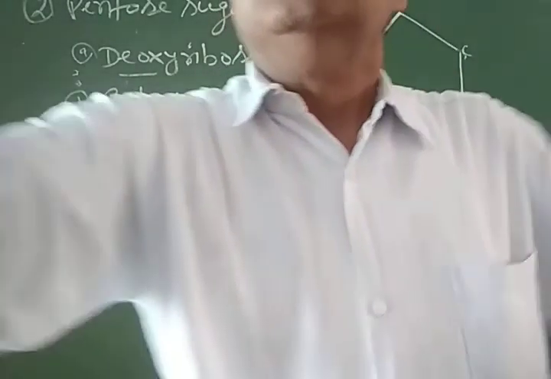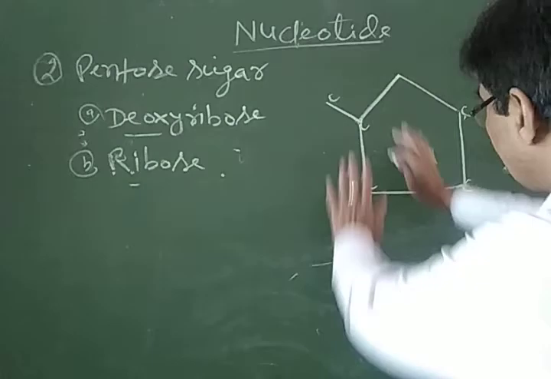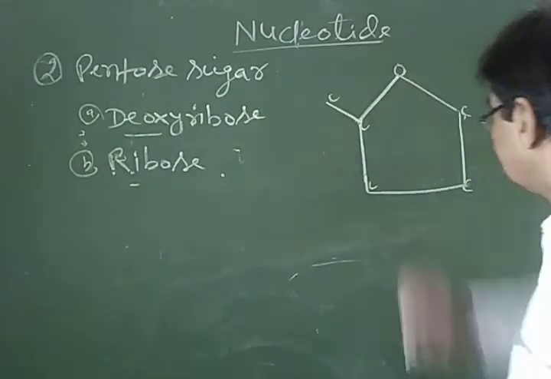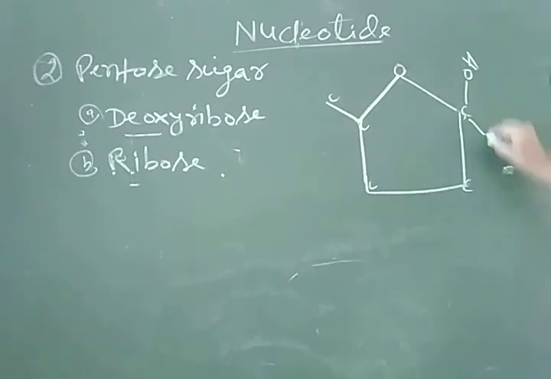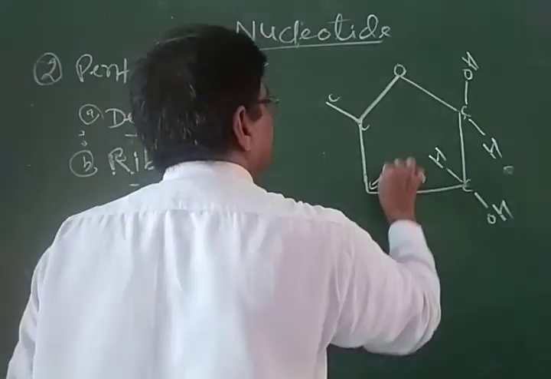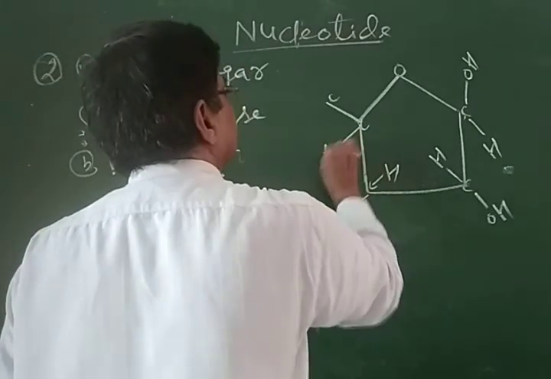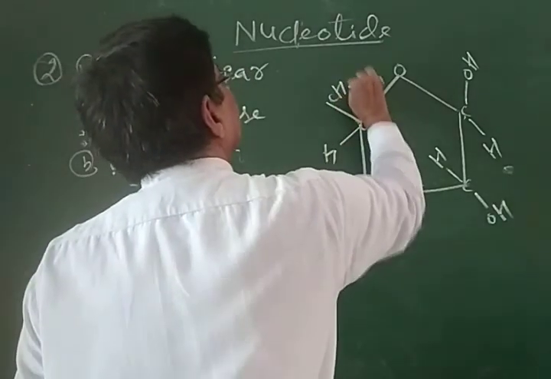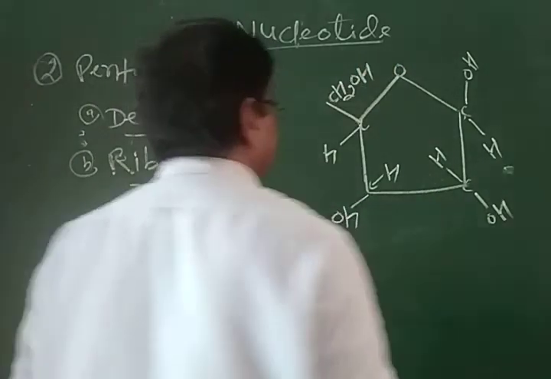Now there is the oxygen. Now this is the OH group. There is the hydrogen. There is also H, OH. Suppose there is also the H, OH. There is the H. And now here I will write CH2OH at the 5th position.